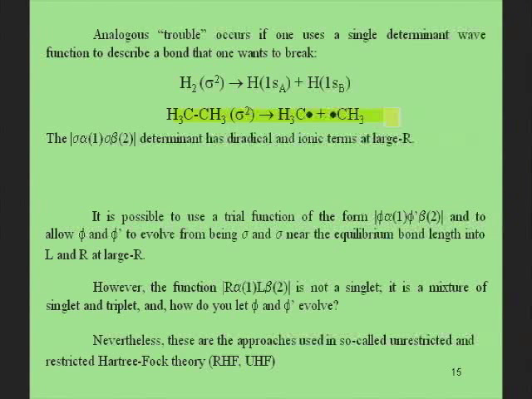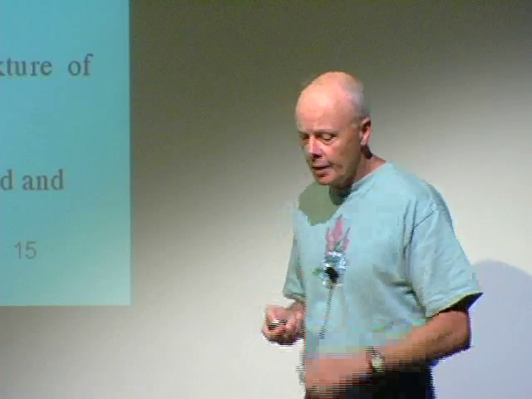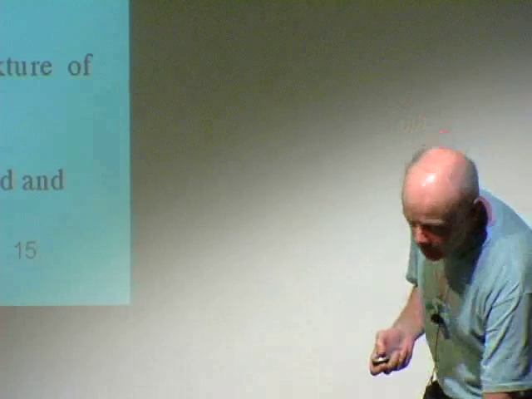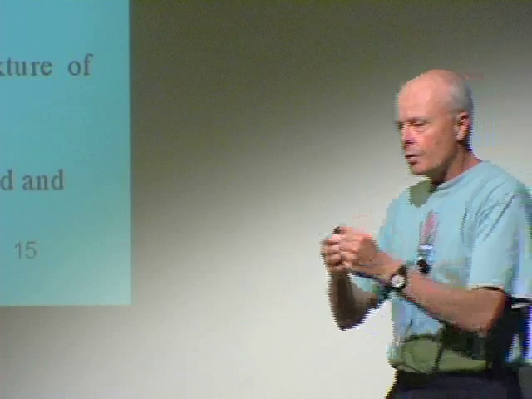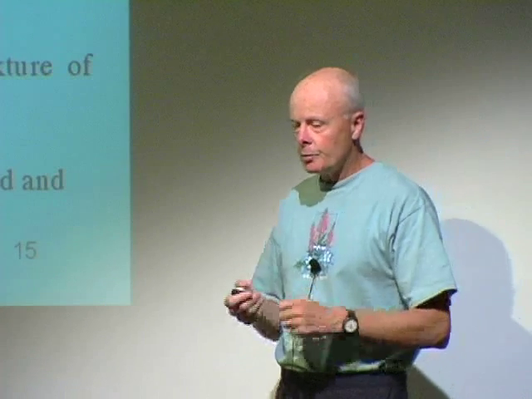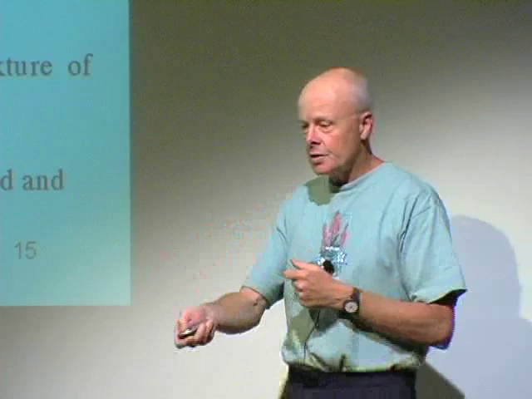So this always happens when you break a single bond: the idea that you have two electrons in the bonding orbital and that's all there is to it fails, because when you break that bond, that picture of reality, two electrons in the bonding orbital, breaks apart into a mixture of ionic and diradical character, and you can't have that. You always have to have bonding squared and anti-bonding squared mixed together to give the right breakage at the twisting, or in this case, the stretching of the chemical bonds.